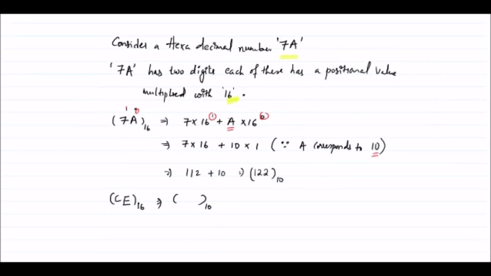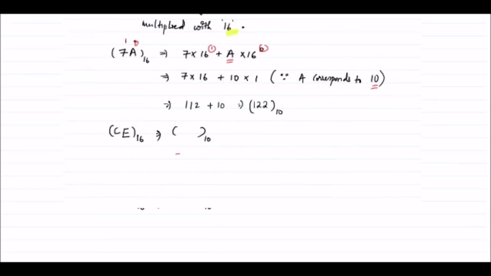So CE is nothing but 12 into 16 power 1, plus E, that is 14 into 16 power 0.